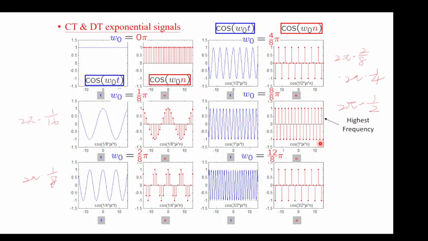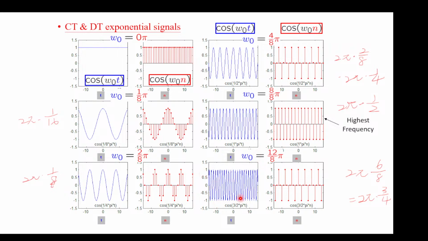Then things get funnier when you increase omega naught even more. Omega naught equal to 12 pi over 8 is 2 pi times 6 over 8, so that's 2 pi times 3 over 4. You see that your omega naught increases, but your period also increases, and your fundamental frequency decreases.